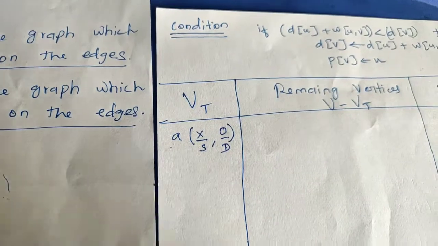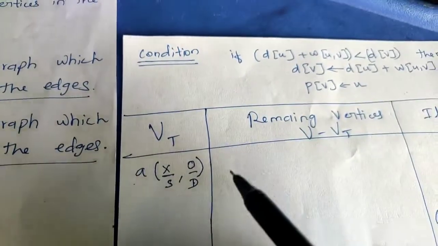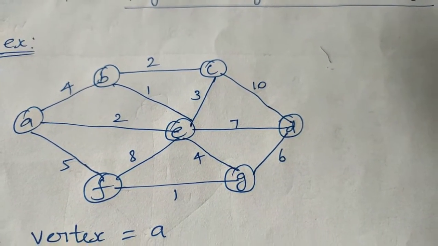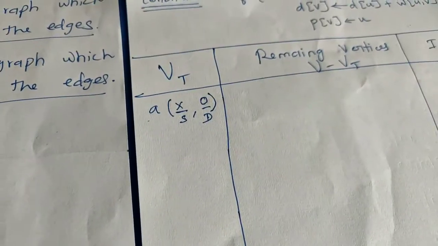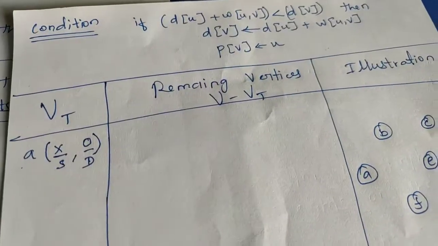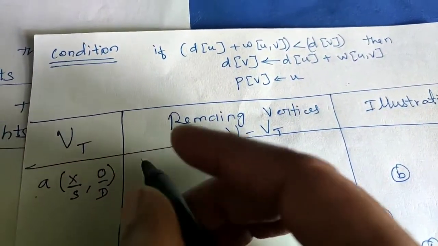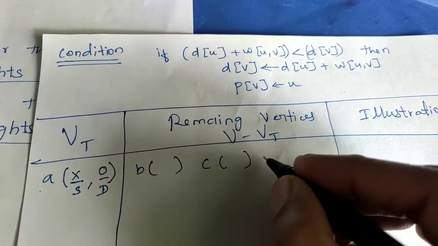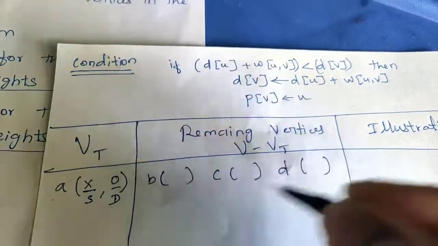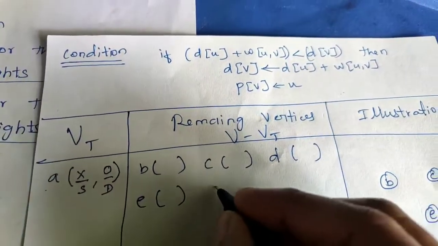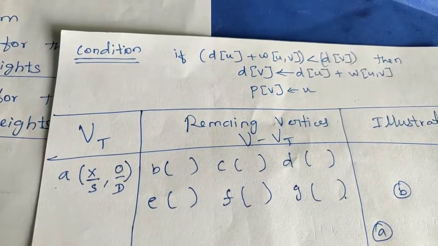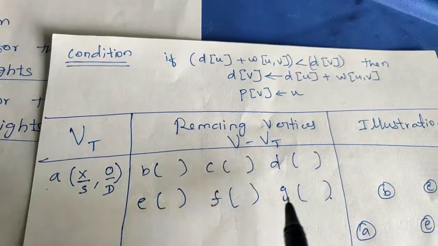Now you see, by leaving the source vertex, what are all the remaining vertices I have in the graph? I have B, C, D, E, F, G. So write all the other vertices in the remaining vertices column: B vertex, C vertex, D vertex, E, F, G. As I told you, all the vertices will have two parameters.